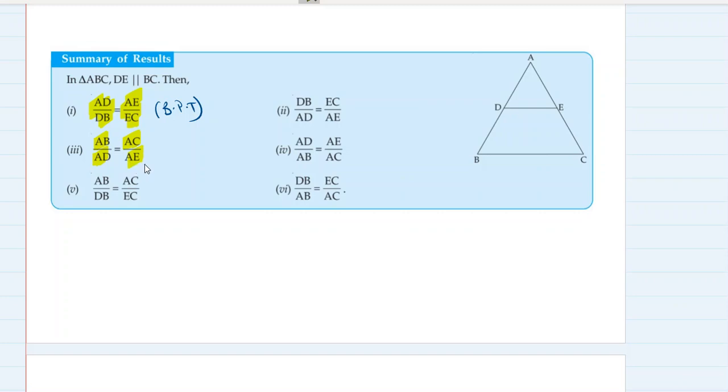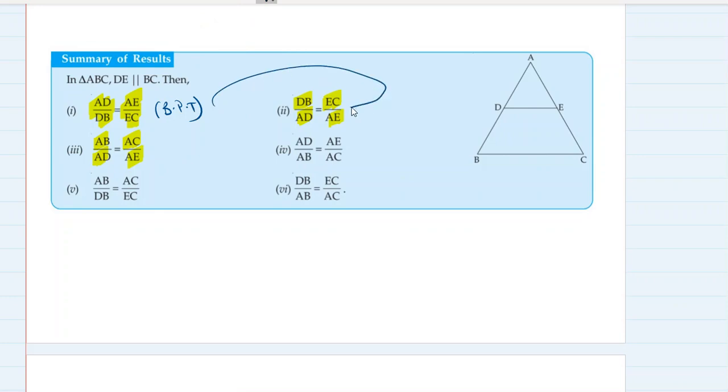Actually, this is the reciprocal of that result we had got. The second one is this one. Okay, after that we'll come to this. DB upon AD is equal to EC upon AE. So this is the reciprocal of BPT. If you take the reciprocal of BPT, you get this.